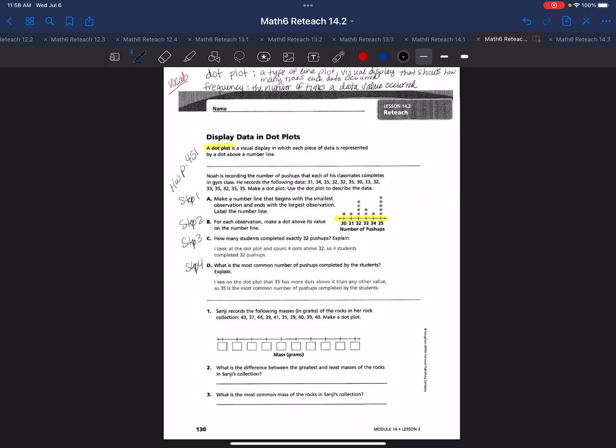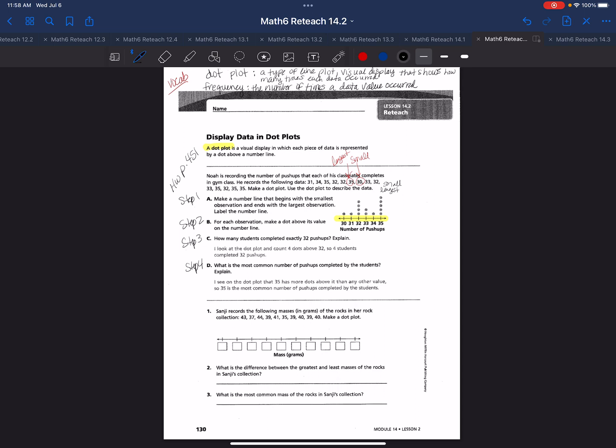So right here we've made a horizontal number line, and we need to look at what is the smallest observation and what is the largest. So you need to look here, and we see that the smallest would be 30 and the largest is 35 of our observations.